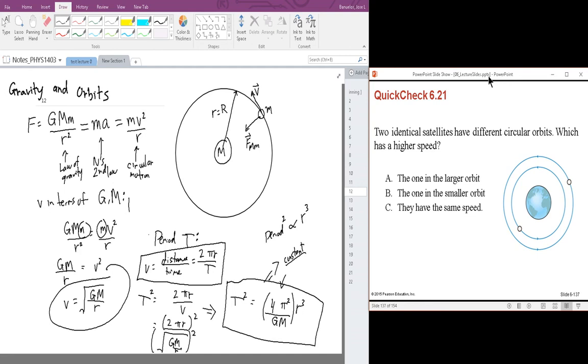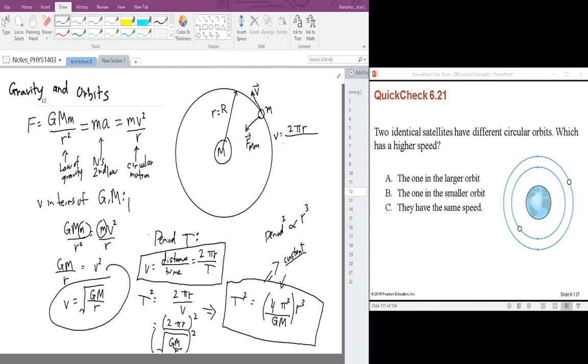So if you look at your expression again for the speed, the radius shows up in the distance as 2 pi r, but it also shows up in the period.